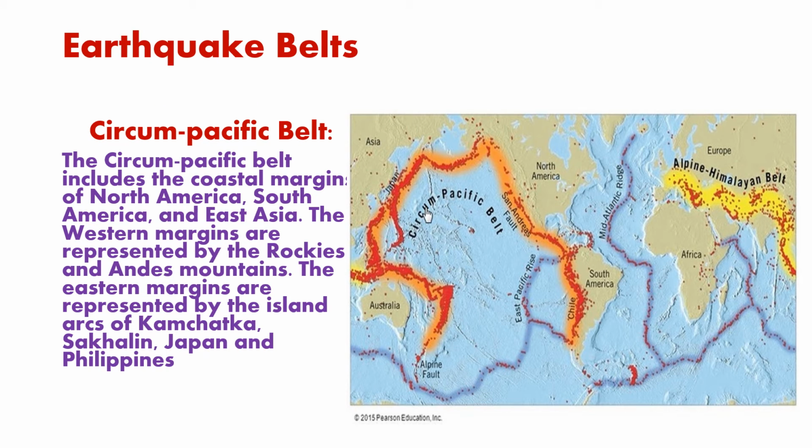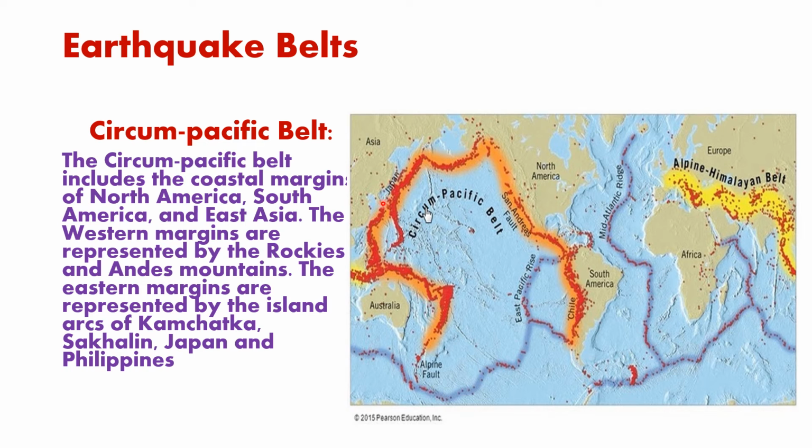Circum-Pacific belt. See here in the diagram you can see the Circum-Pacific belt going all the way across the Pacific Ocean, covering Asia, North America, South America, Australia. The Circum-Pacific belt includes the coastal margins of North America, South America, East Asia.